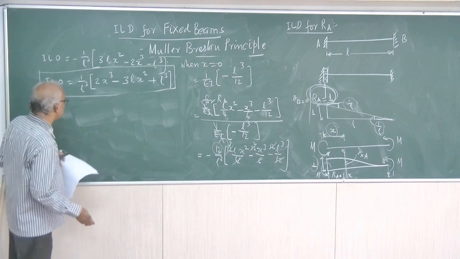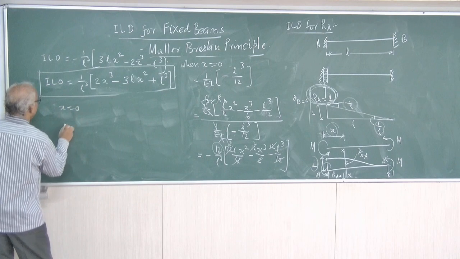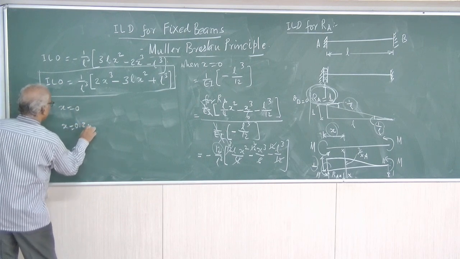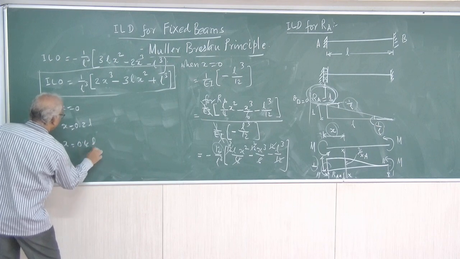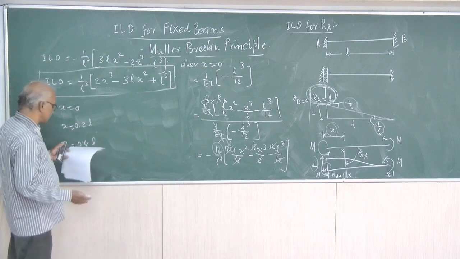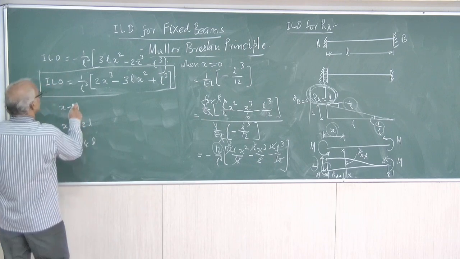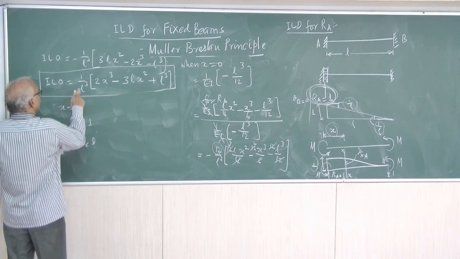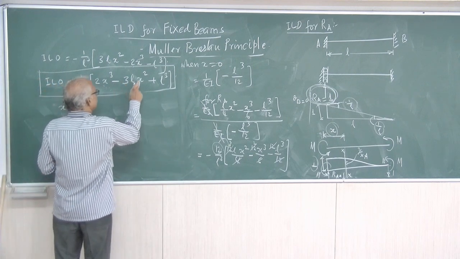So in this equation, you have to substitute x equal to 0, x equal to 0.2L at some interval, x equal to 0.4L, up to x equal to L. When you substitute x equal to 0, this will become 1 by L cube into 0, and L cube.